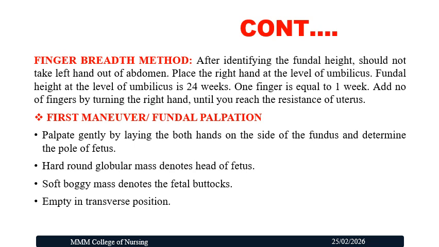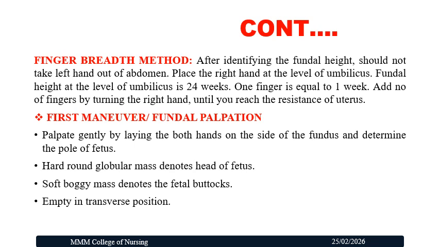Coming on to the palpation. First is the fundal palpation, which is otherwise called the first maneuver. I told you earlier, you are not supposed to take the left hand out of the abdomen, because we have found the resistance. Both hands palpate gently by laying both hands on the side of the fundus and determine the pole of the uterus.